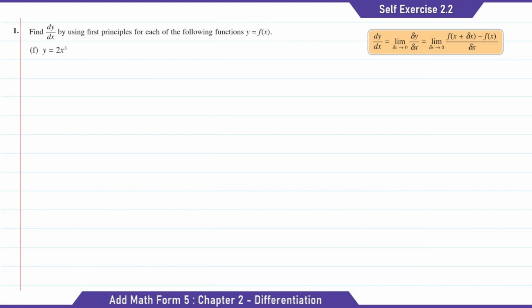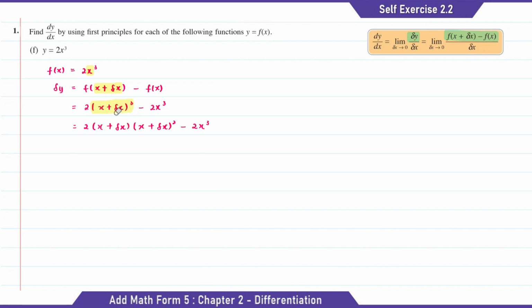Question F. y equal to 2x cubed. So first I can write this as f of x equal to 2x cubed. Next I'm going to substitute the x here with x plus delta x. So 2 bracket x plus delta x cubed minus f of x, which is 2x cubed. Next we're going to expand this.